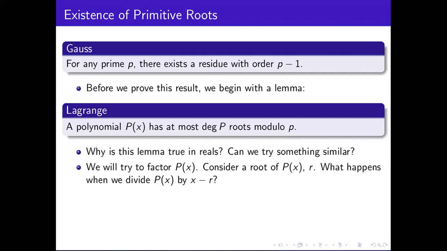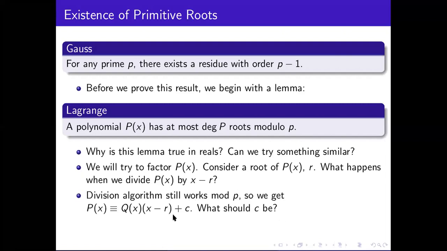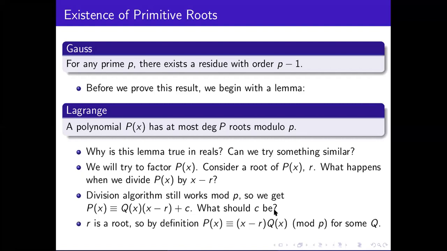Yeah, sure, there's no remainder. When we're working modulo p, the division algorithm for polynomials still works. So we have P(x) equivalent to Q(x) times (x minus r) plus c. And since r is a root, c has to be 0. So P(x) is equivalent to (x minus r) times Q(x) mod p.